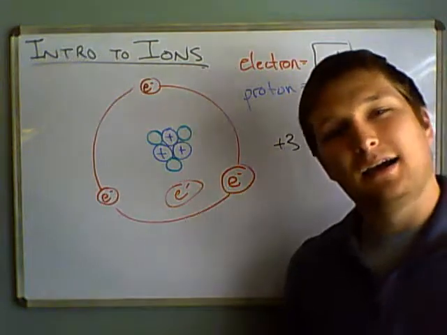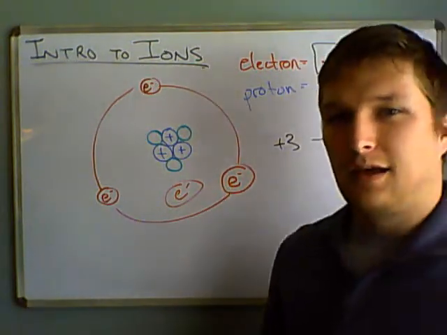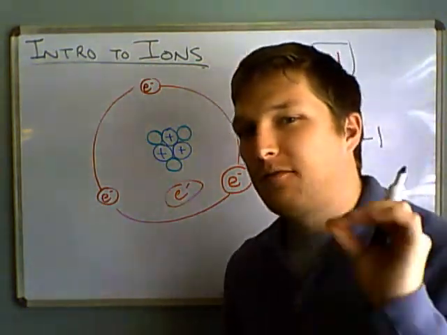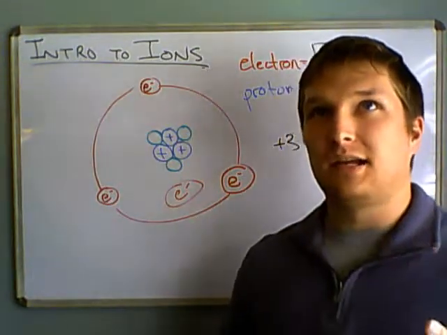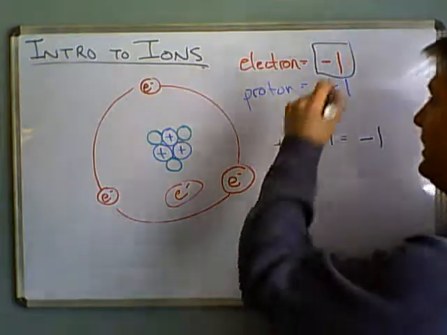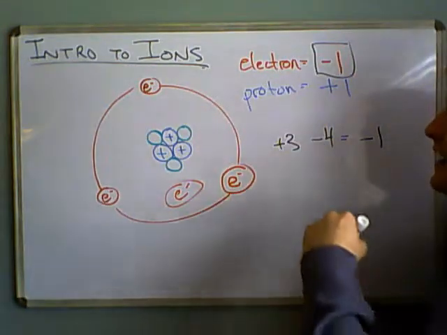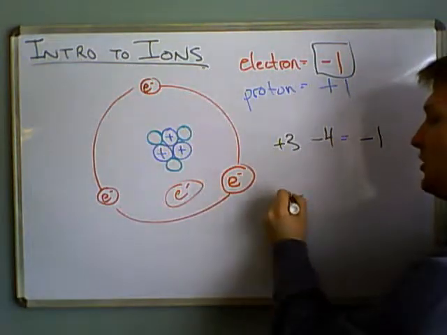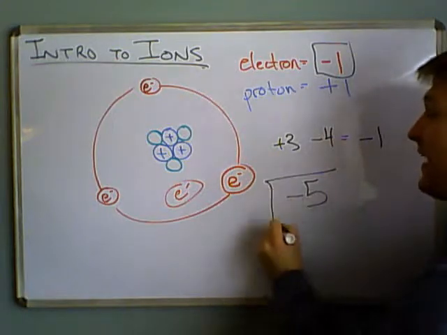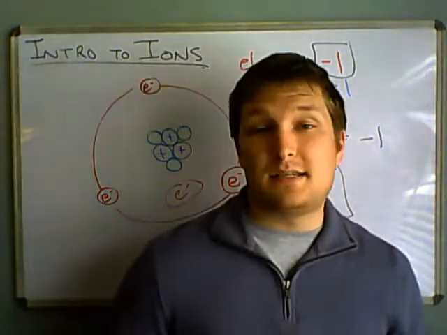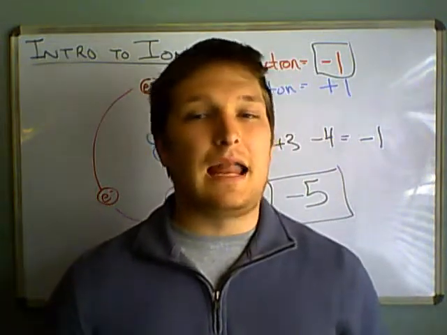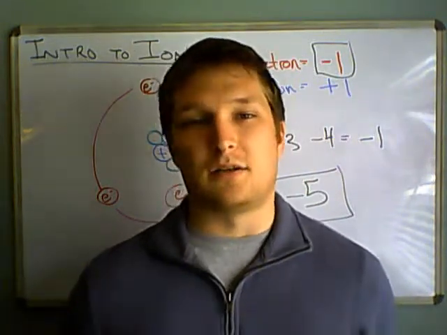So if I say I have a neutral atom, and I just added 5 electrons, you've got to think, electrons are negative. They each have a charge of -1. So if you have 5 more of those, then you must have a charge of -5. Or I could say I have a neutral atom, and now I took away 5 electrons.